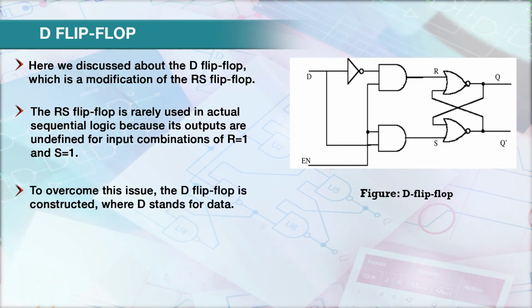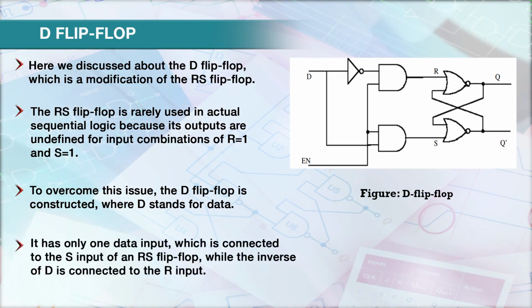To overcome this issue, the D flip flop is constructed, where D stands for data. It has only one data input, which is connected to the S input of an RS flip flop, while the inverse of D is connected to the R input.